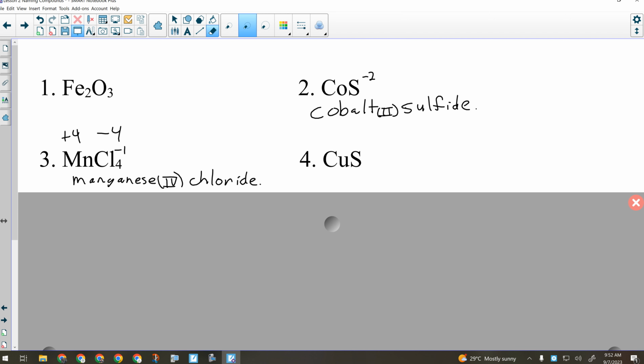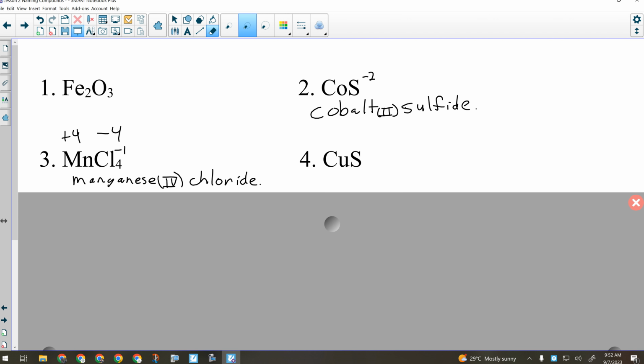The only time I use a Roman numeral is if on the periodic table there's more than 1 charge beside it. So I just don't want you to over-apply it. That happens just as often, if not more often, than completely forgetting to do it at all. People just start putting Roman numerals on everything because they think they need to. You don't need to. You only need to use it if you're dealing with a transition metal.